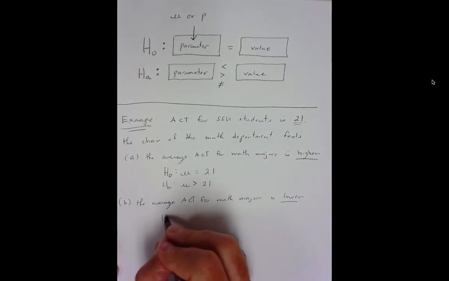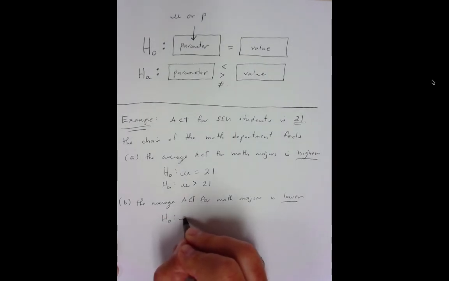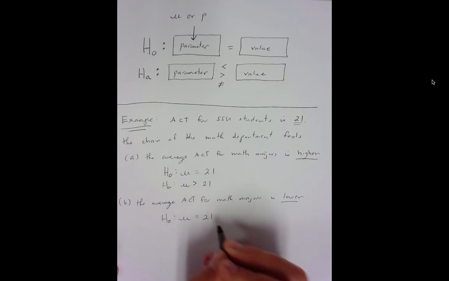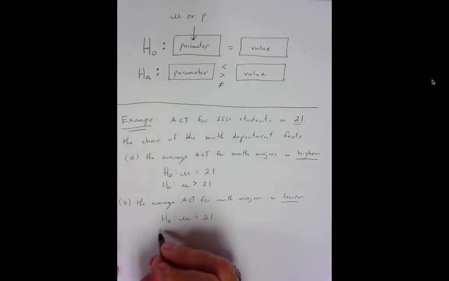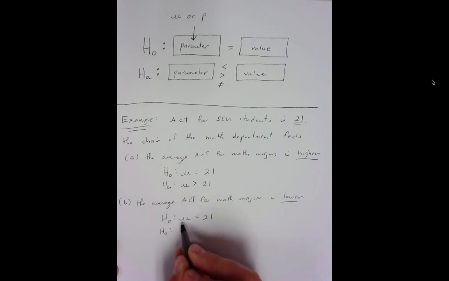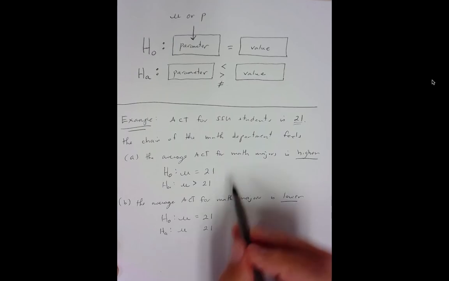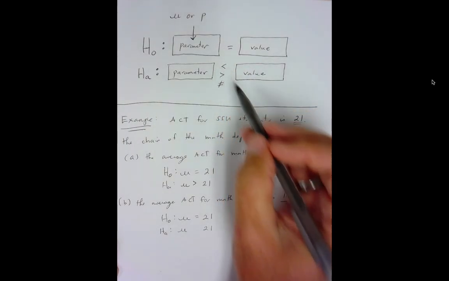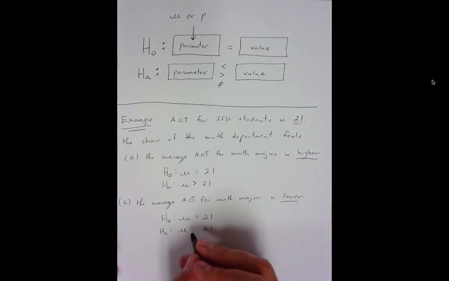Well, the null hypothesis is still the value of the status quo, 21. The alternative hypothesis still uses the same parameter, still uses the same value, but it uses the inequality from up here that represents what we want to test.